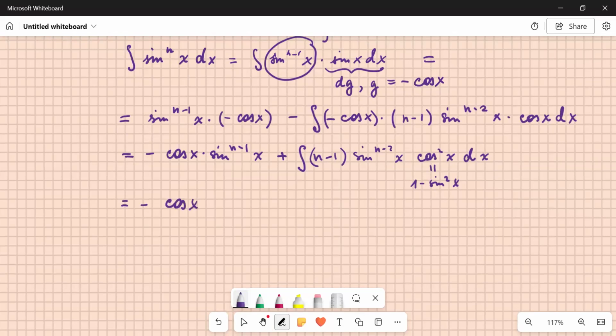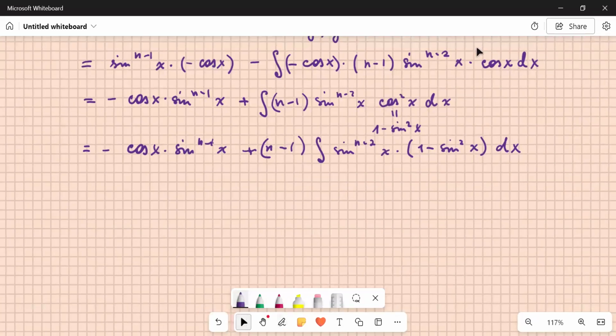Minus cosine of x sine n minus 1, sorry, copying, plus n minus 1. I'm taking the constant outside of the integral. And under the integral, I have sine n minus 2 multiplied by 1 minus sine squared of x dx. I don't want to copy the first term.